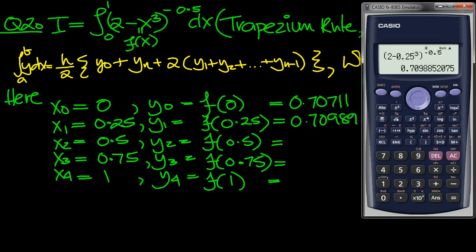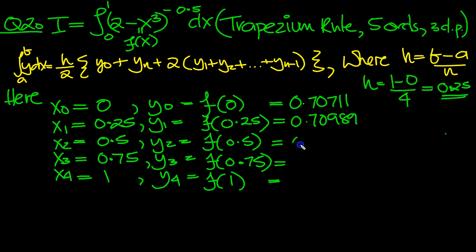Just check that. Yeah, that's fine, because that 8 rounds up to a 9. Next one is 0.5. Let's go back and write in 0.5. 0.73030, isn't it?